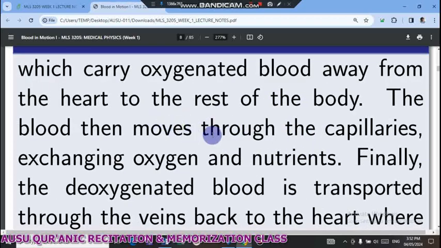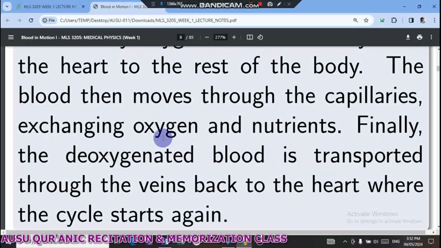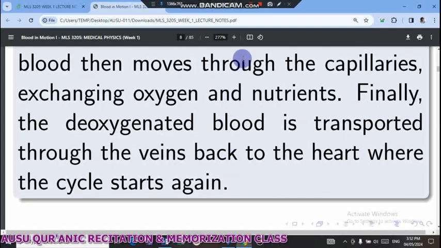The blood then moves through the capillaries, exchanging oxygen and nutrients, exactly what we said. Finally, after exchanging nutrients, the deoxygenated blood is transported through the veins back to the heart, where the cycle starts again.